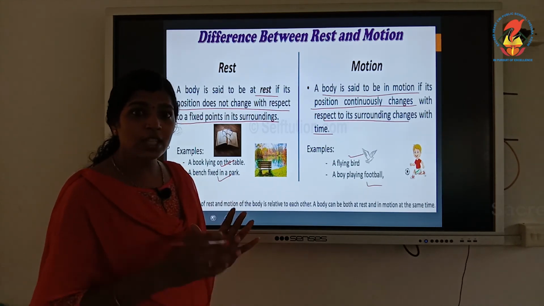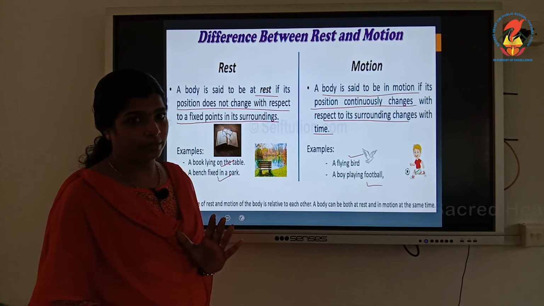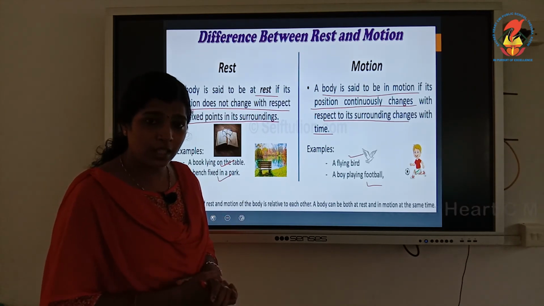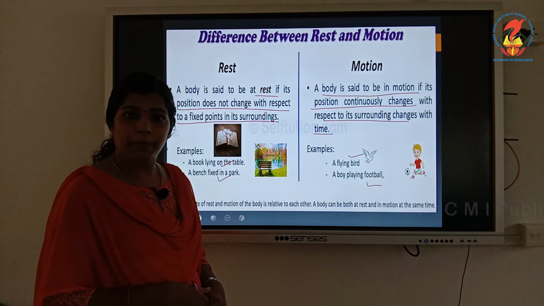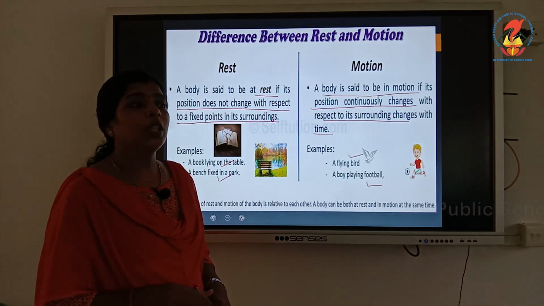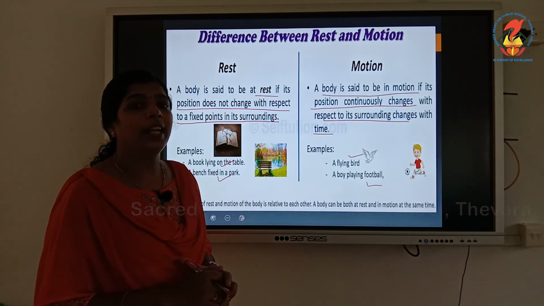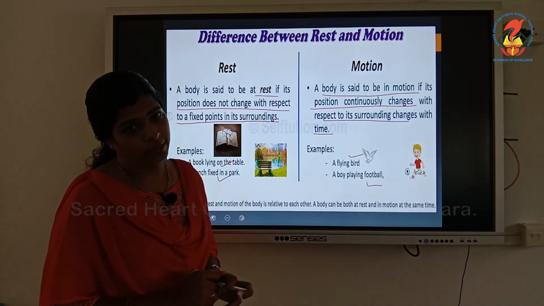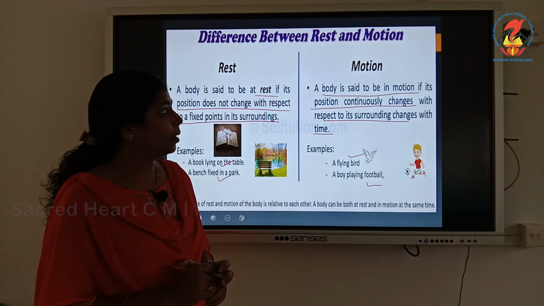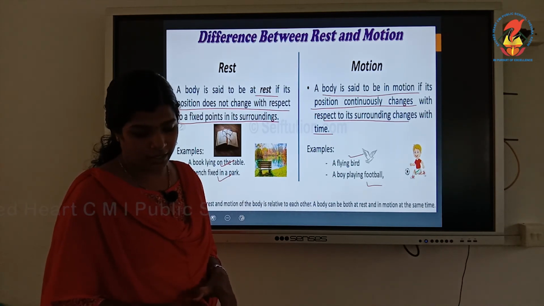If it changes its position during the passage of time with respect to the surroundings, then we will say that object is in motion. Okay, so that is about motion and rest.